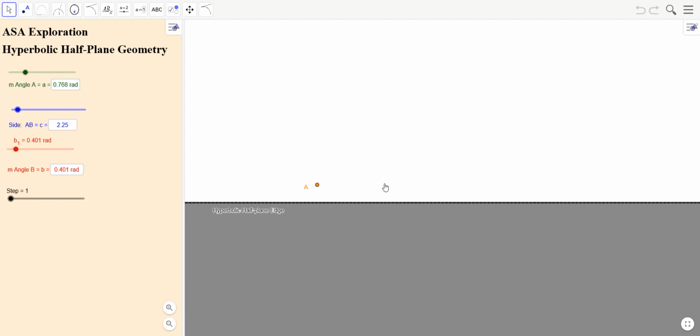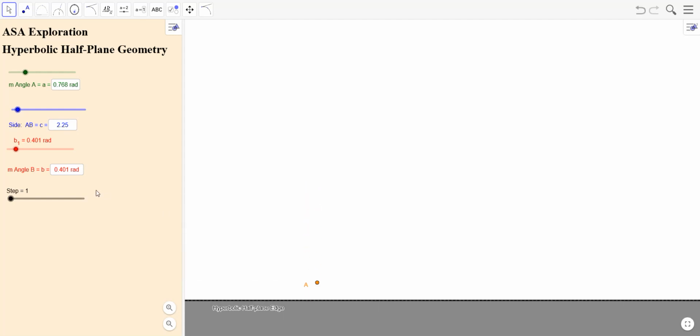And so we have a situation here. So what do we have? A free point that we can put anywhere. And we're given first an angle. So remember, hyperbolic angles look like this. These are hyperbolic rays, part of Euclidean circles, that go from the vertex down to the edge, which is the x-axis.